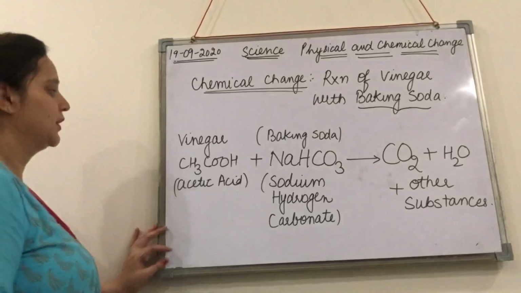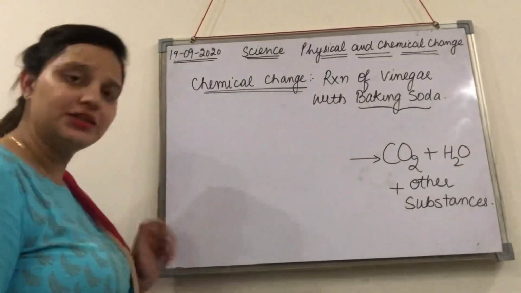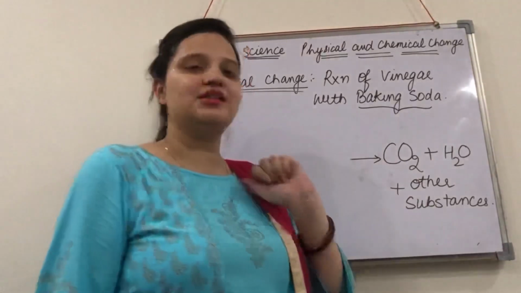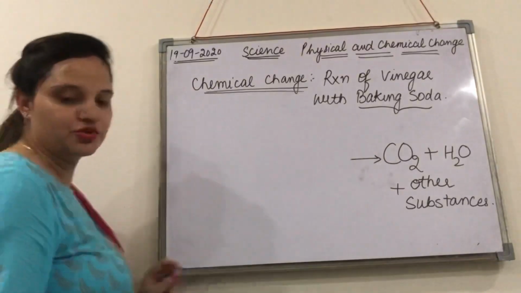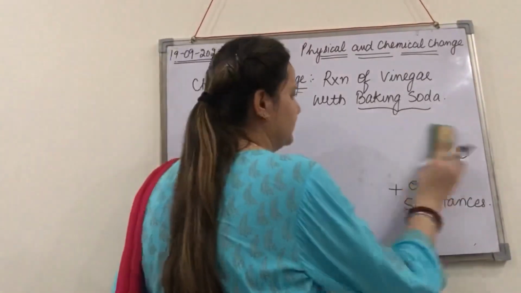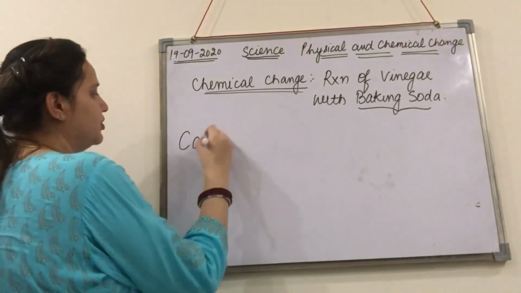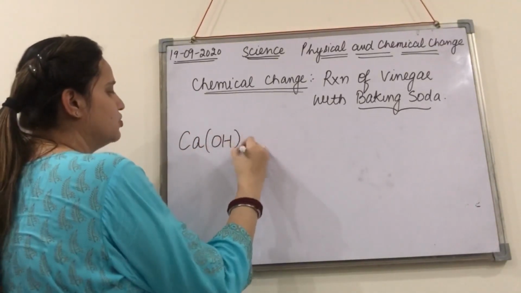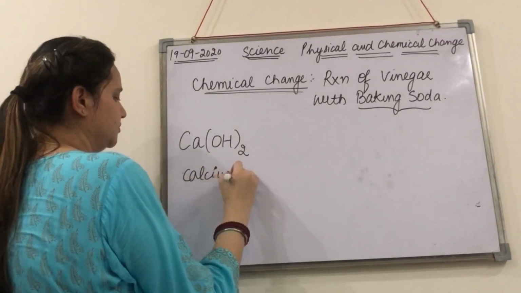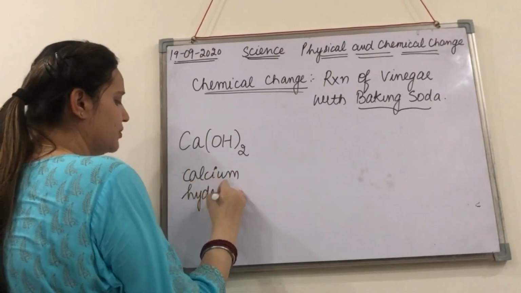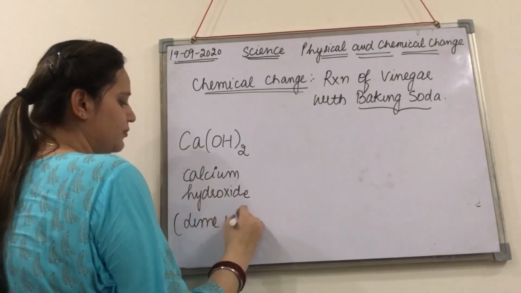Now how are we going to check whether carbon dioxide gas is formed or not? If you want to test that, take calcium hydroxide, that we call lime water.